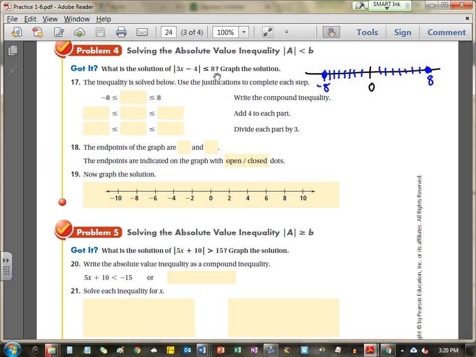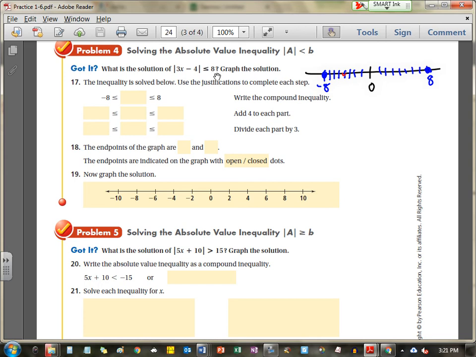Now, the 3x minus 4 lives either in this region between them, or the 3x minus 4 lives in the regions outside. So either it lives in the blue region or it doesn't. Which one should we go with? Well, when you see a less than here, what it means is that traveling from 3x minus 4 to this origin is less than 8 spaces.